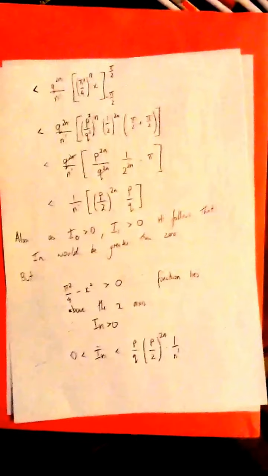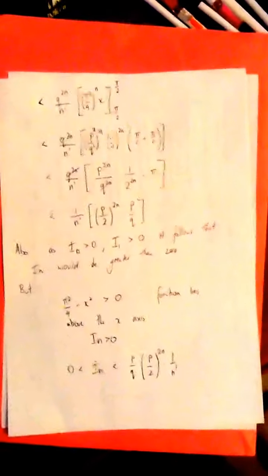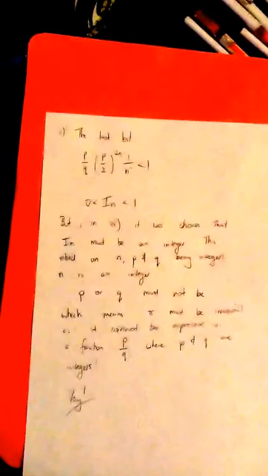It should also be noted that this function, the original function, because it's between these values, cos will be positive, this will be positive, therefore the whole function is above the x-axis, and so when you integrate it above the x-axis, obviously you get a positive area, so the integral there must be greater than 0, hence that whole thing.